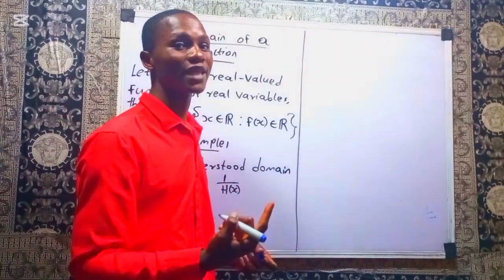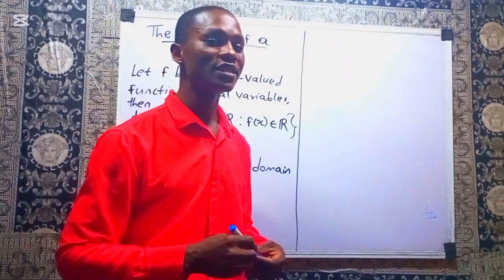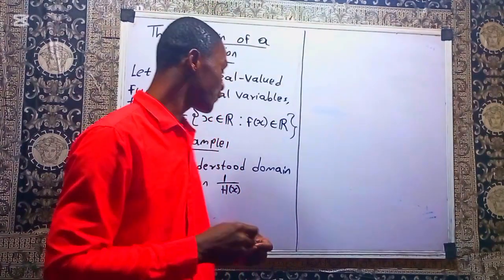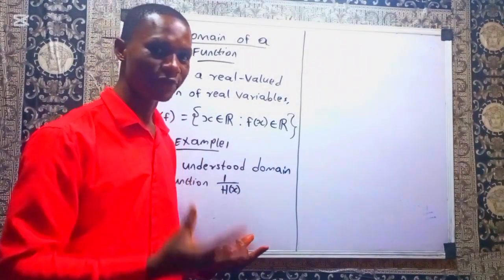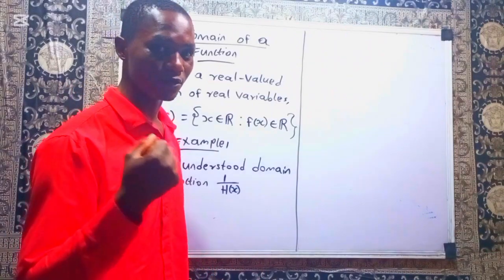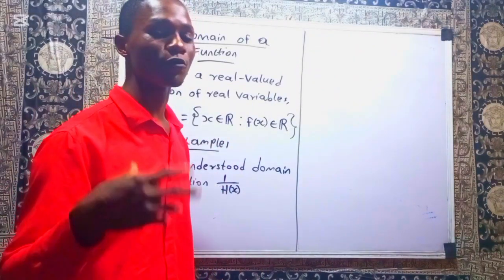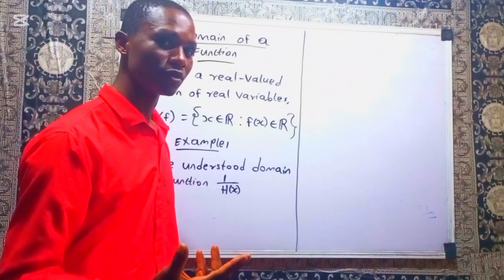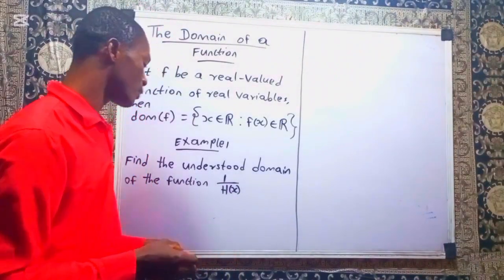And if you have 0 down, you are going to get what? Infinity as your answer. And infinity is not a real number. So if you have a function in fraction form, called a rational function, the denominator should not be 0. So you are going to exclude all the points that will make the denominator 0. Those points will not be part of the domain.